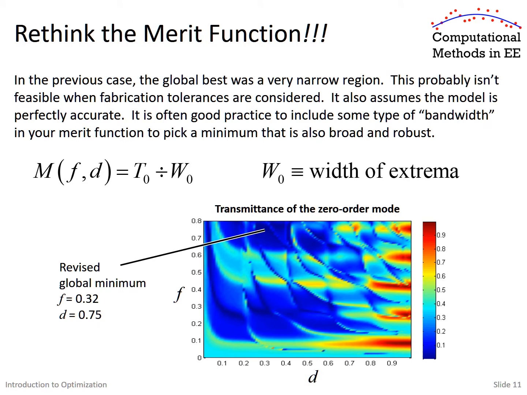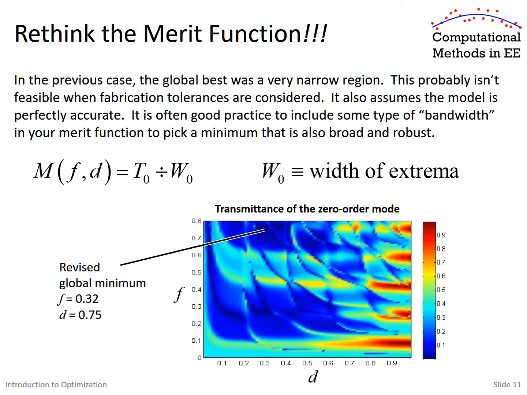Now we have several possible solutions. If we look at this, there's several areas with dark blue. Well, we probably would like to make a device that's a bit more robust to manufacturing so that we can goof on the manufacturing a little bit and still have a device that works. Well, we found the global best solution to be in this tiny little notch here.